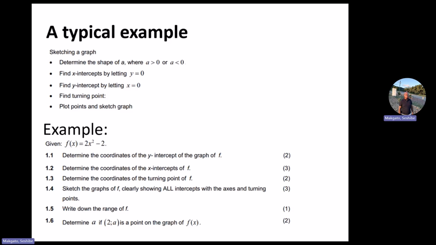Let's have a look at this example. Of course, this is fairly simple, but in terms of seeing how to apply the knowledge that we've just been building, it should be relevant. Let's say we are given f of x equals 2x squared minus 2.